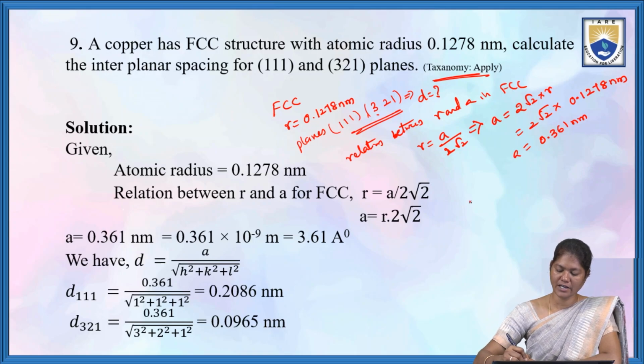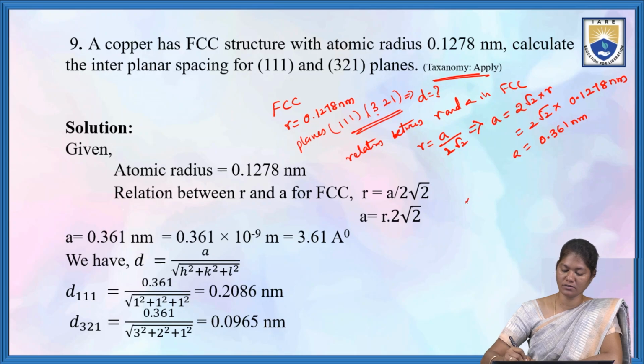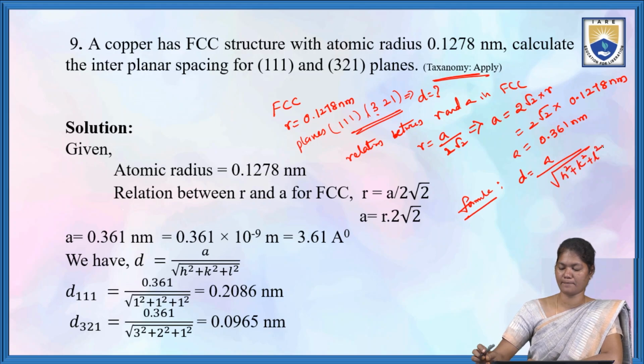Now we can calculate the interplanar spacing by using the formula d is equal to a by root of h square plus k square plus l square.